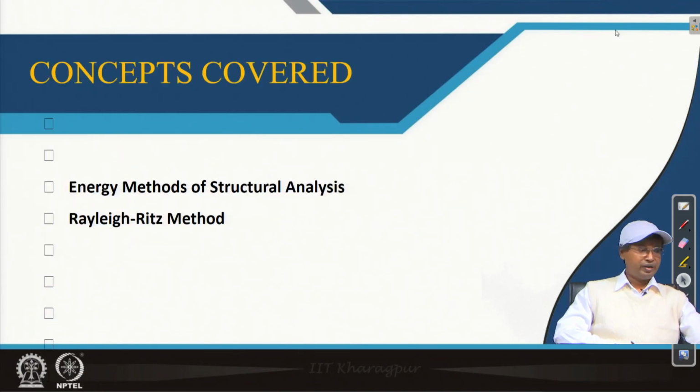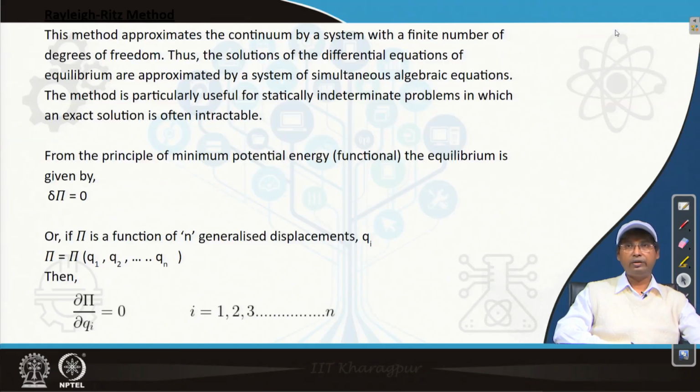In the Rayleigh-Ritz method it is better to understand first that it is an approximate method. Keeping in mind that idea, let us try to understand. It is explained as briefly as it can be, because it is getting introduced for the first time. There are big books on these methods, as we have already discussed.